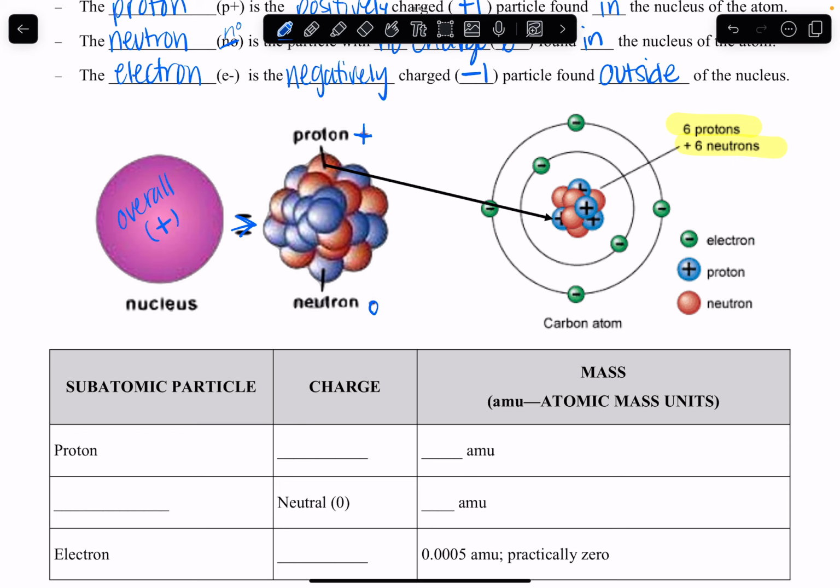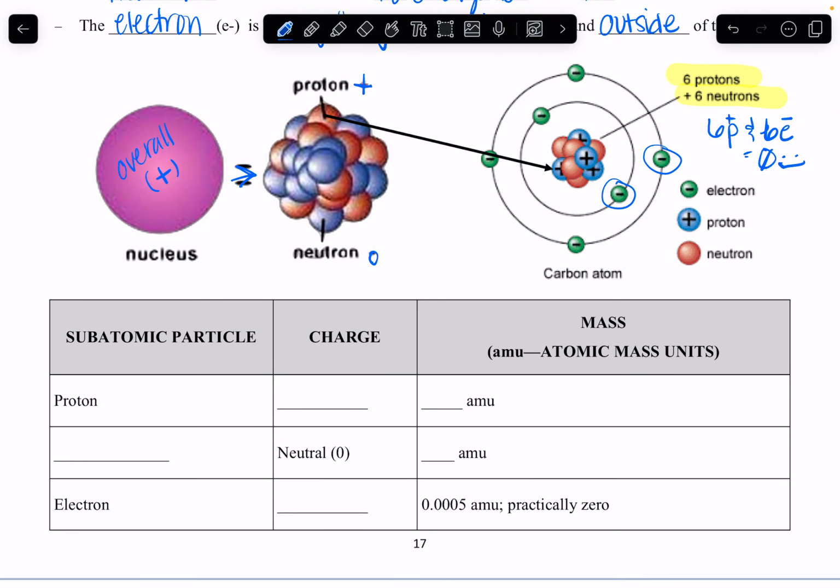It becomes neutral once you add those electrons in there, because if I have an equal number of positives and negatives, it equals out. So if I have 6 protons and 6 electrons, that's 6 positives and 6 negatives, that equals 0, right? That means I'm neutral. That means I'm just like meh, right? But if I have more protons or more electrons, that changes my overall charge of my atom. Usually it's the electrons that move around.